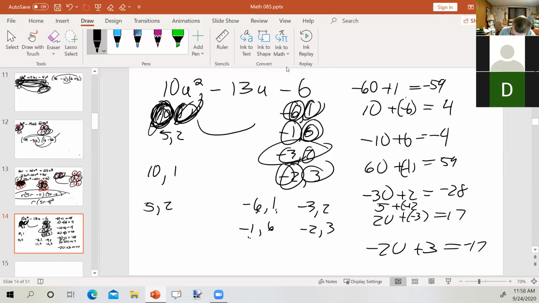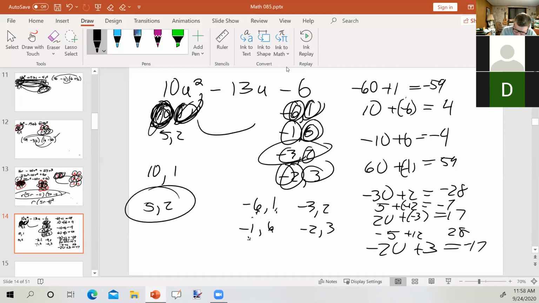5 and negative 12, which is negative 7. Okay, and then, let's see. Negative 30 and 2, 5 and negative 12. Then I've got negative 5 and 12, and 30 and negative 2. So I get 28. Again, I'm getting the same numbers, but different signs. None of those are working.